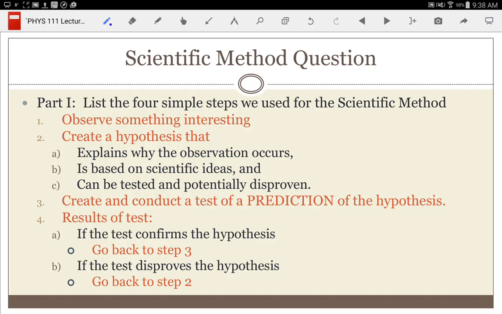So for your test, if your hypothesis is that the Earth is oblong, there's a pretty obvious test. Do what? Okay, take pictures from space. We have to come up with a way to do that. The flat Earth people believe that we've never actually taken a picture from space of the Earth.